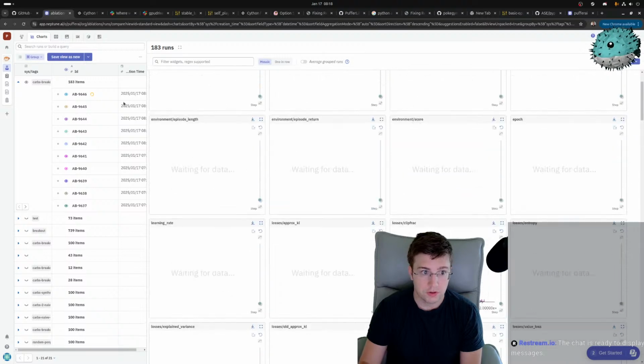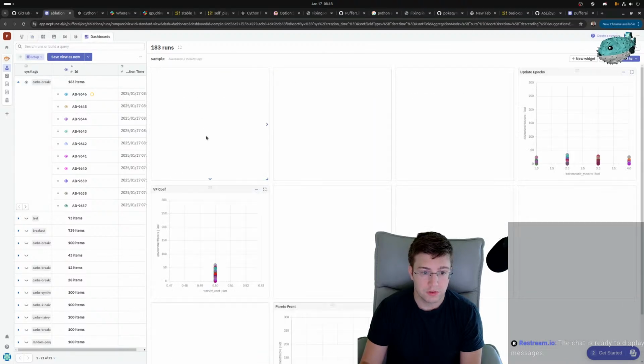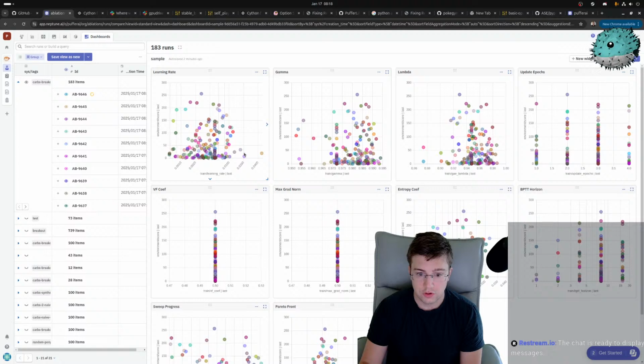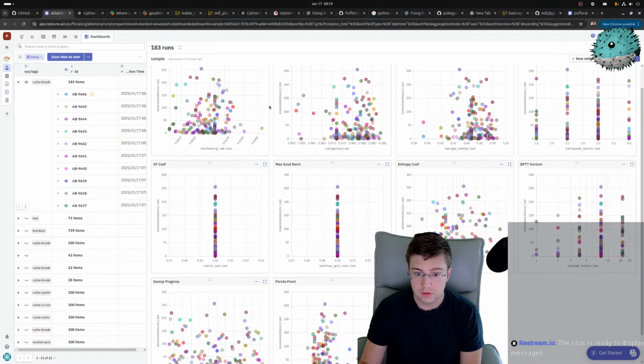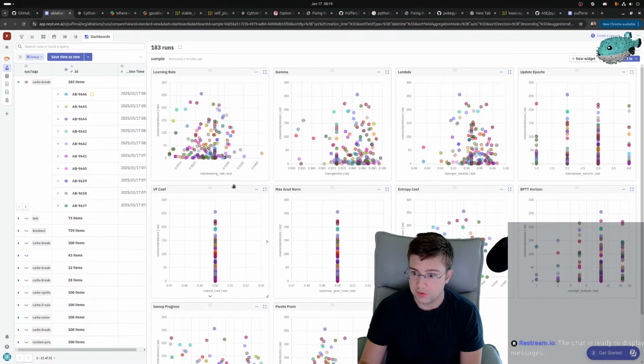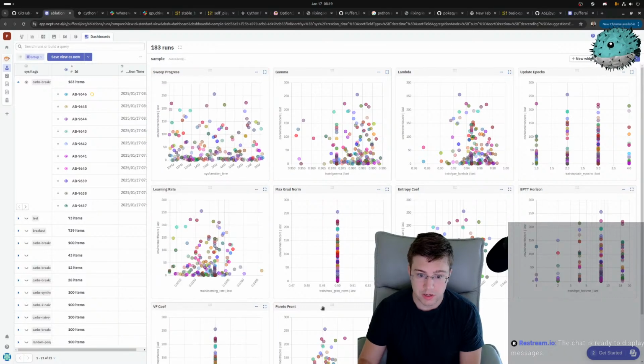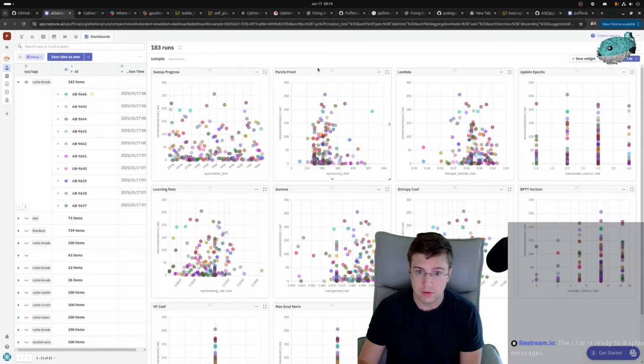What else do we want? This dashboard. Okay, so there's sections. I'm a little confused as to how this is getting sorted because I keep trying to sort these and it keeps undoing my sorting.